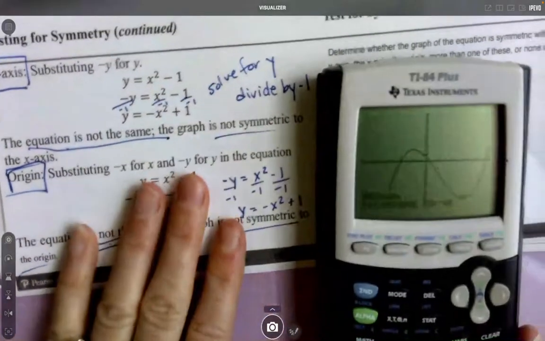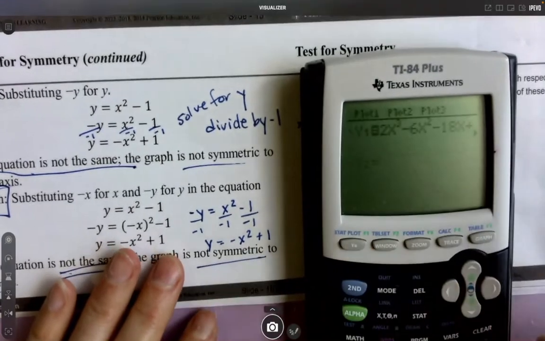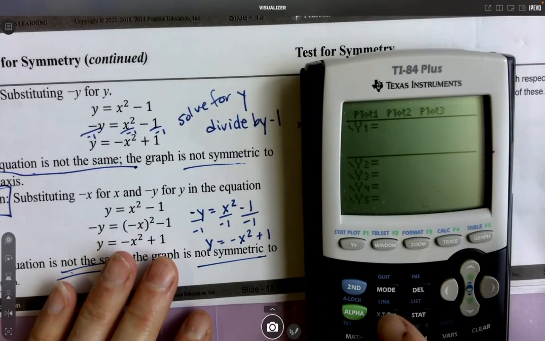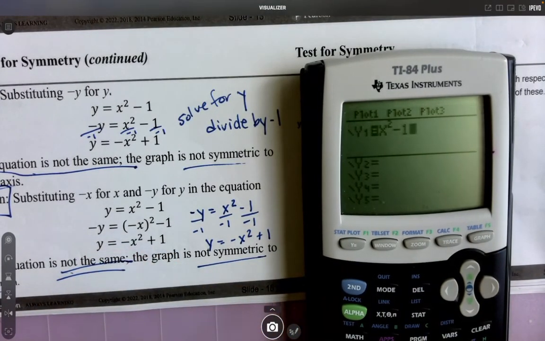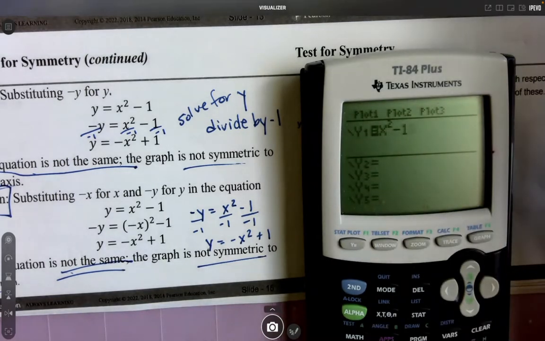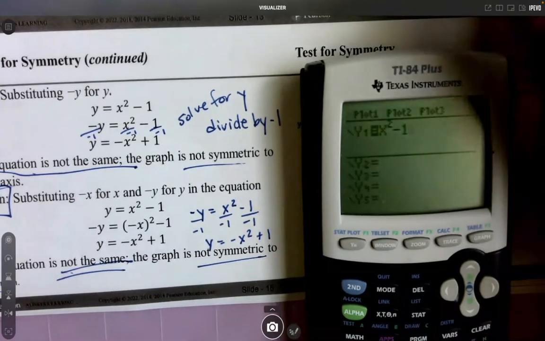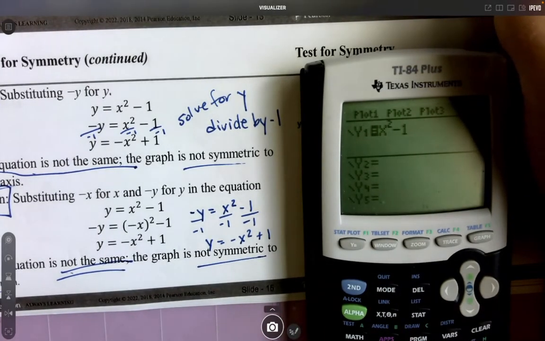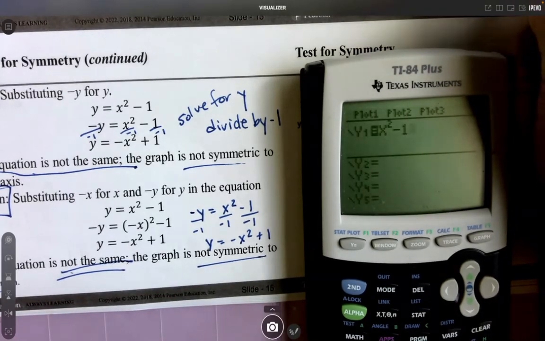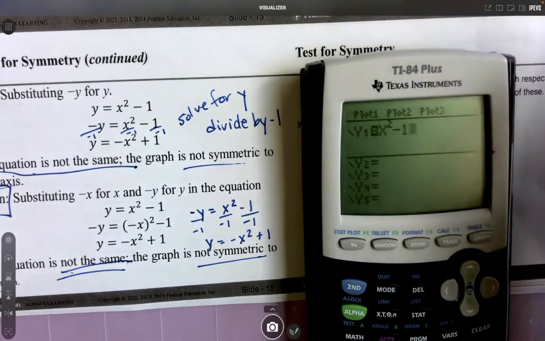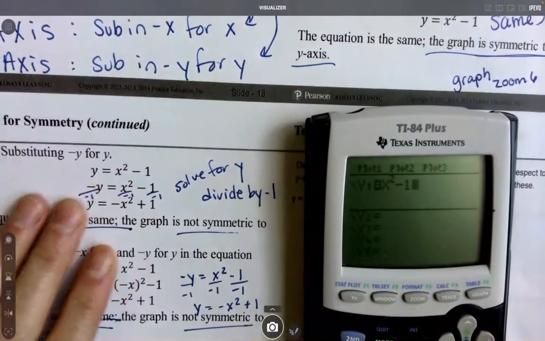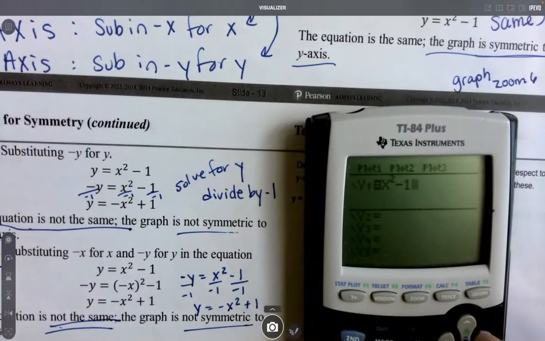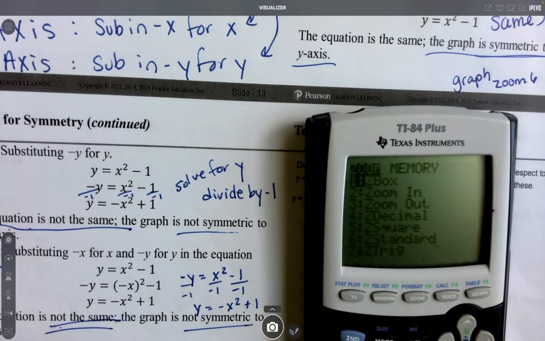So I'm going to bring my calculator back up. I'm going to clear what's in there and just put in my new one, x squared minus 1. And I'm going to go back to my original graph. Whenever I graph it, I'm going to hit zoom 6, and that's zoom standard. Can't see that. There we go. Zoom 6 says standard.